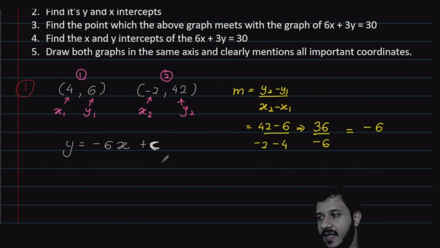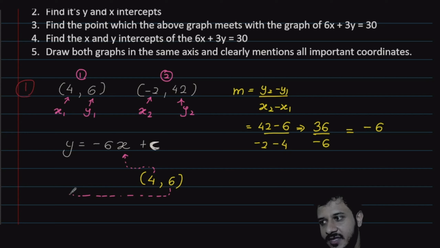Because 4 comma 6 has easy numbers compared to negative 2 and positive 42. Instead of x, I'm going to substitute the x value of the taken coordinate, and instead of y, the y value of the taken coordinate.